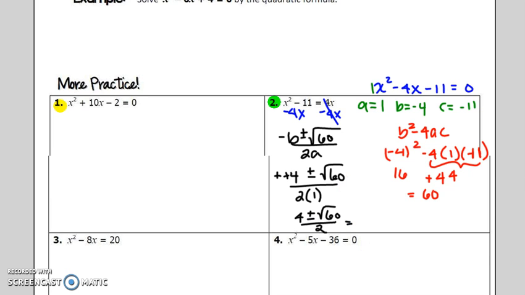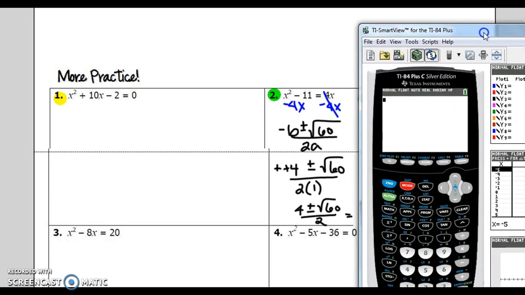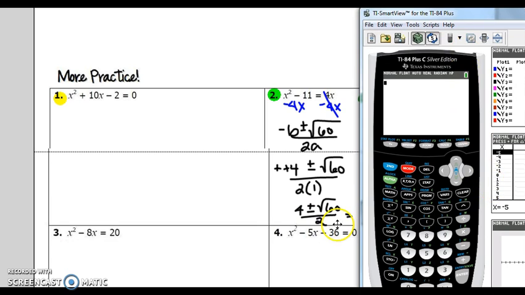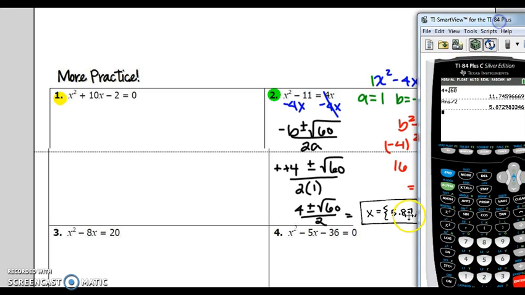All right, so now we're going to go ahead and type this into our calculator to get our 2 answers. So we're going to take 4 plus the square root of 60, and then we're going to divide that by 2. And there's one answer, 5, and we're going to round to just 2 decimal places, so 5.87.